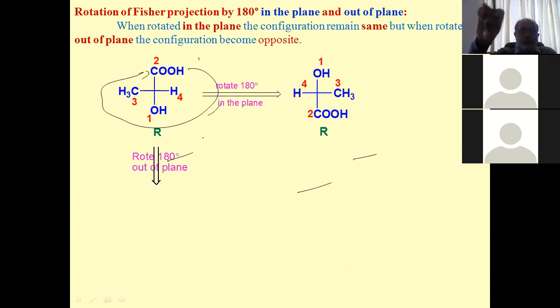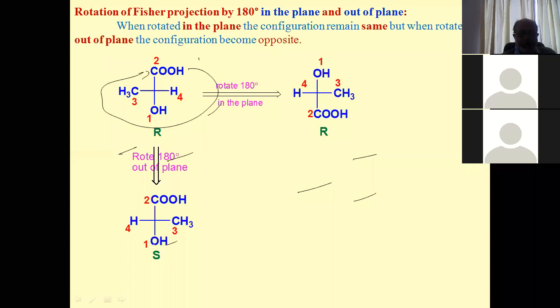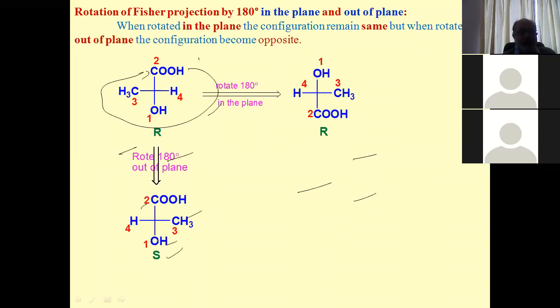The other one we are doing is rotating in the plane, and here we are doing it out of plane. In that case, these two groups, COOH and OH, remain in the plane, so they retain their position, but H will come this side and CH3 will come here. Now here we find this has become S, because this is 1, 2, 3, the rotation is in the clockwise direction, but because it is on the horizontal position, it should be opposite. So it is S. All right.